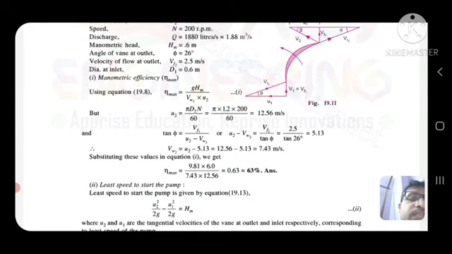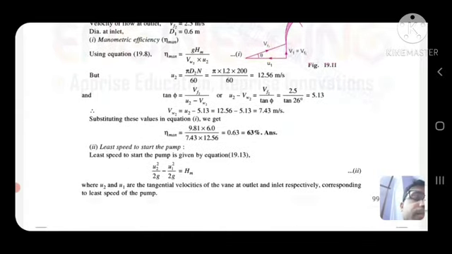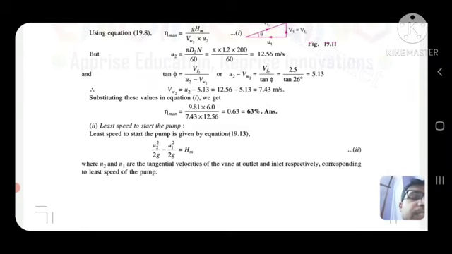Tan phi is equal to Vf2 by U2 minus Vw2. So U2 minus Vw2 is equal to Vf2 by tan phi, that is equal to 2.5 over tan 26 degree, 5.13.